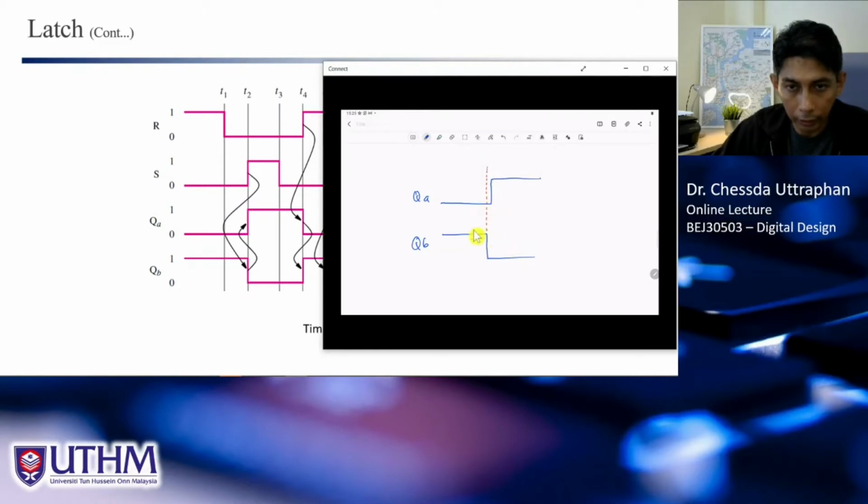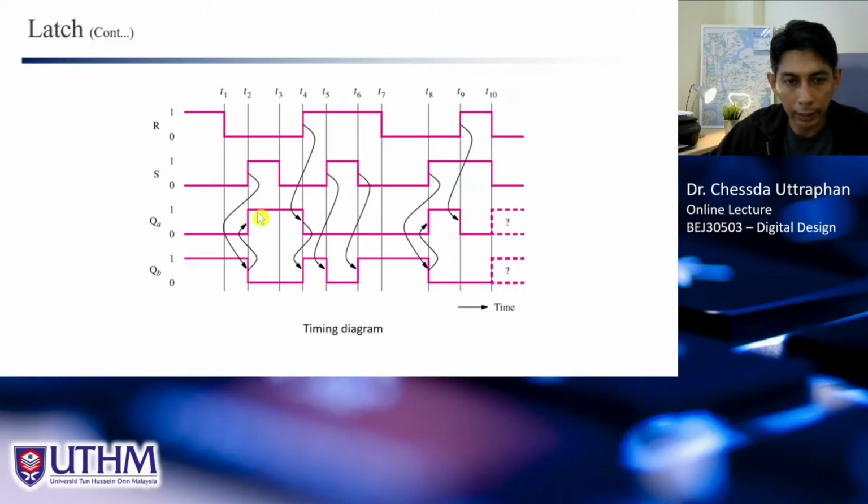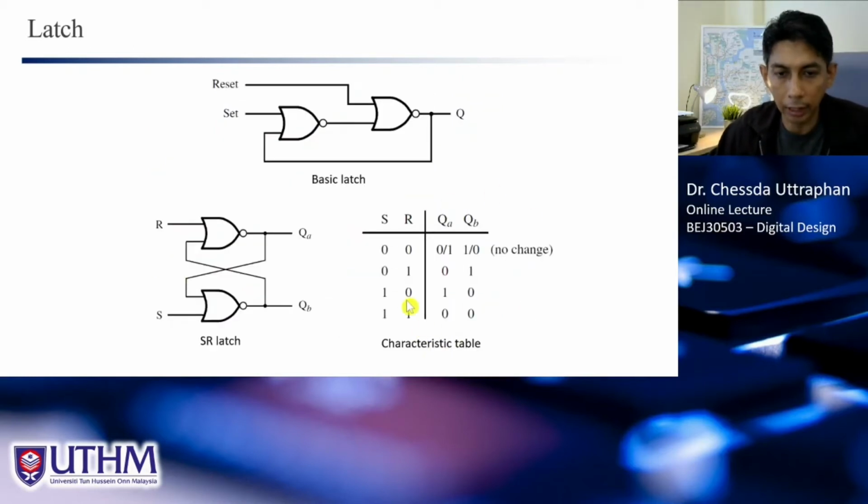So we have a small delay here, and this is illustrated by this arrow. So S will affect QB first before affecting QA. That is what this arrow means. And this is the characteristic of the SR latch based on this characteristic table or truth table.